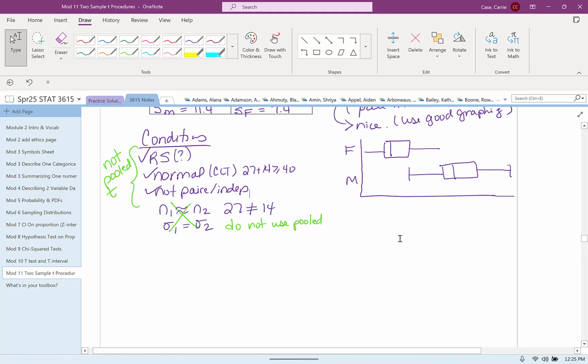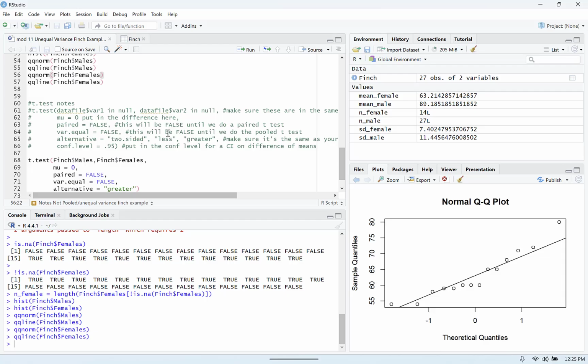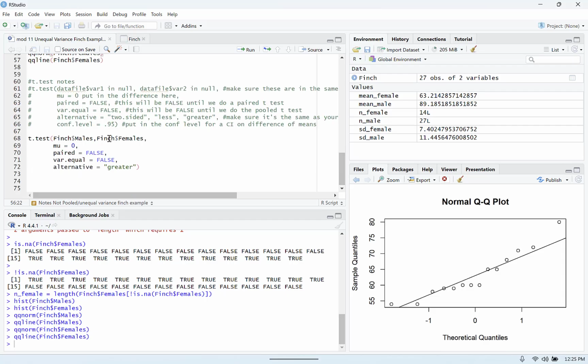And so that's what we want to do in R. So I'm going to go back to R. We're using the exact same t-test function. The difference is this time we use var.equal is false instead of true, because we're saying that they were not equal. So either sample sizes or variances are not equal, either one. Everything else stays the same.